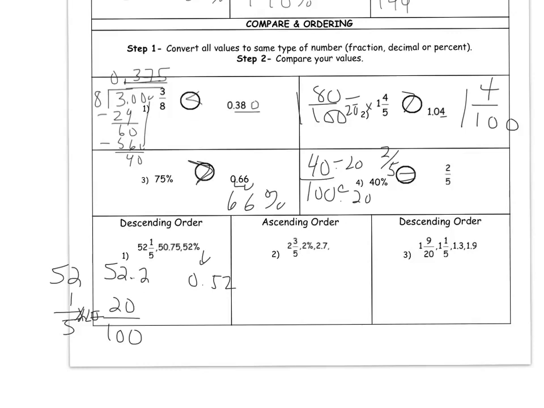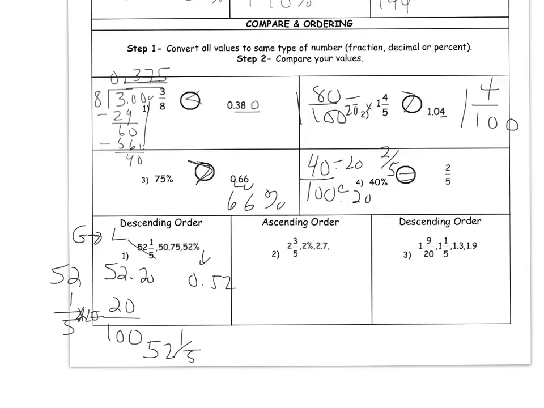Now I'm ready to do descending. Remember, descending order is from greatest to least. Greatest to least. So the greatest number would be the 52 and 2 tenths, which is the 52 and 1/5. So I got that one.